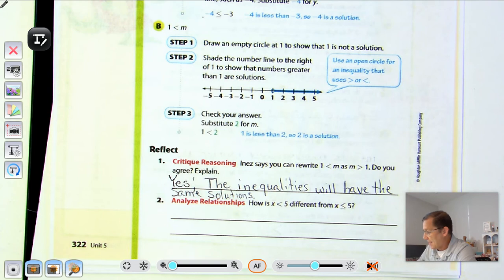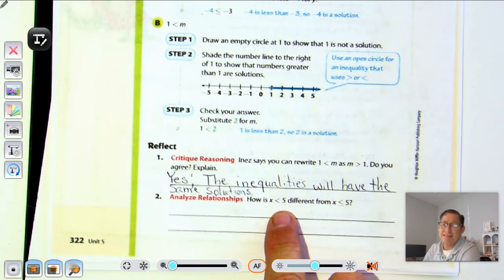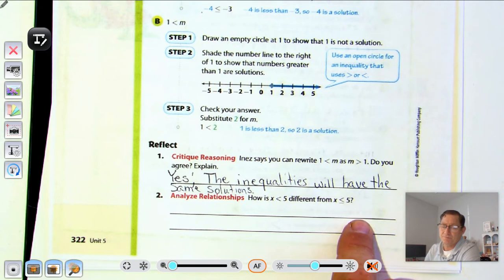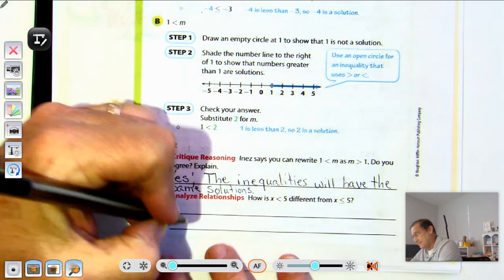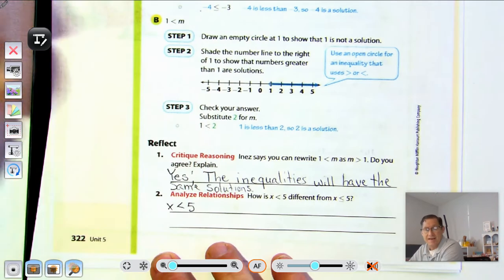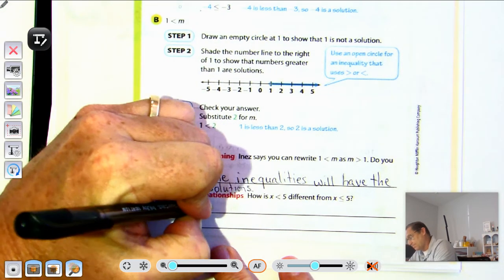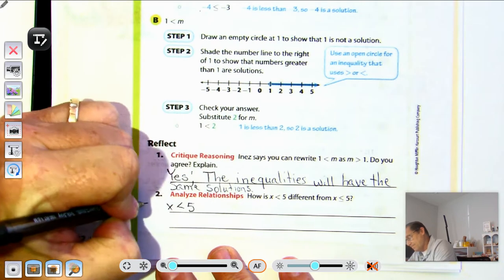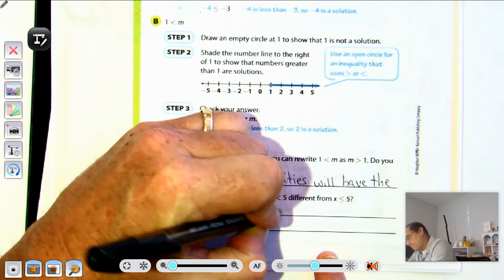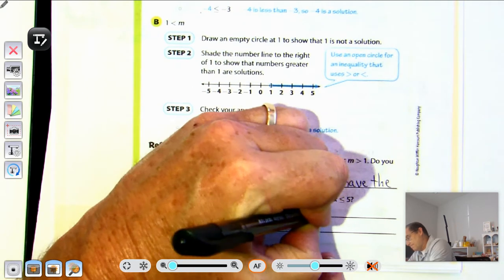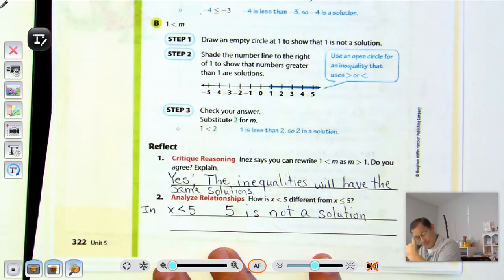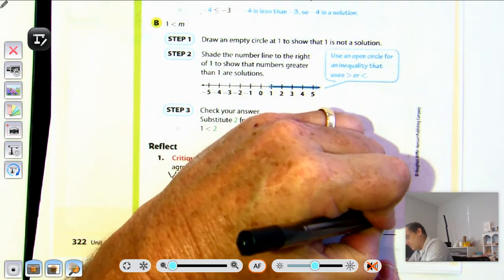Right, 2. How is x less than 5 different from x is less than or equal to 5? Well, when x is less than 5, 5 is not a solution. So it would not be included in the graph.